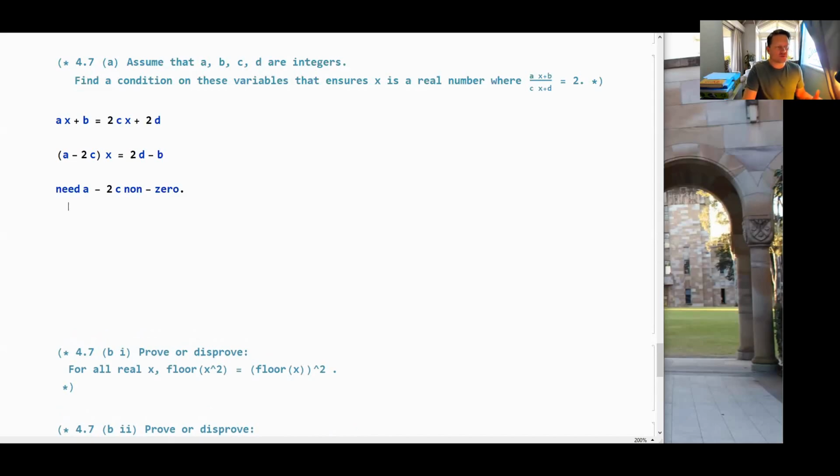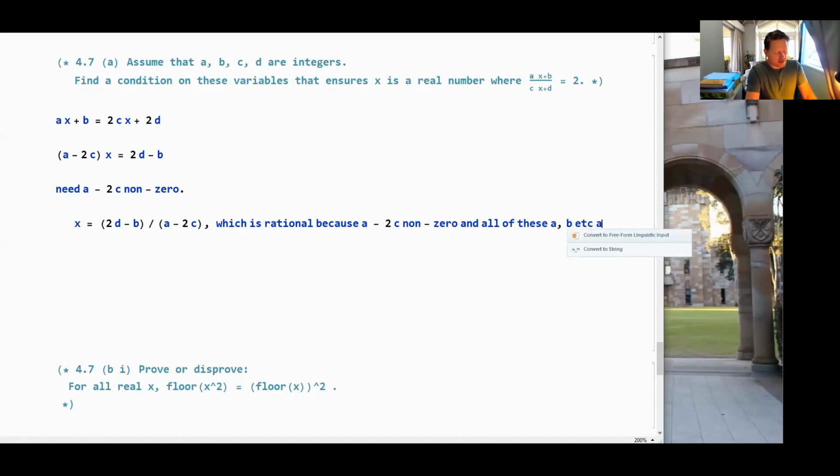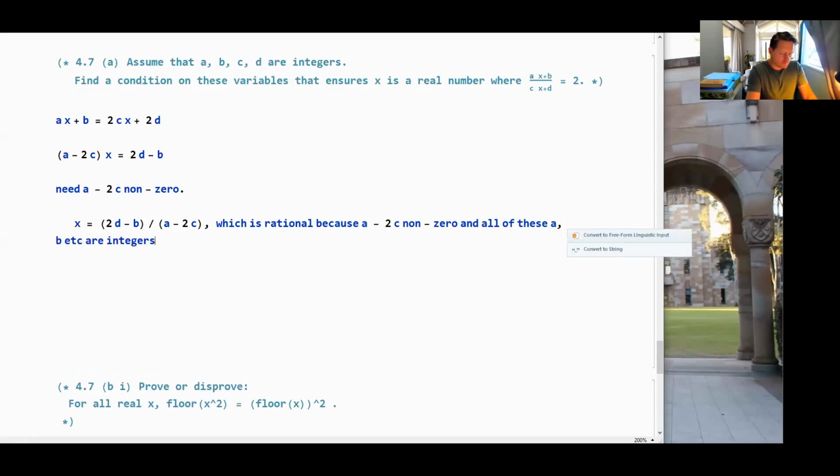So if we just divide by a minus 2c in this expression, then we get that x is equal to 2d minus b all over a minus 2c, which is rational because a minus 2c is non-zero, and all of these a, b, etc. are integers. Okay, good.